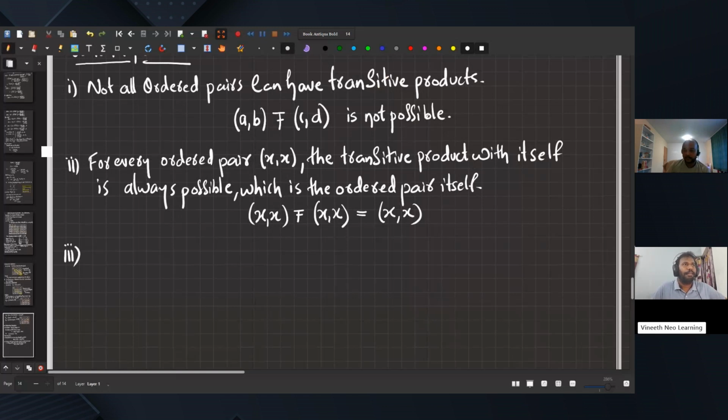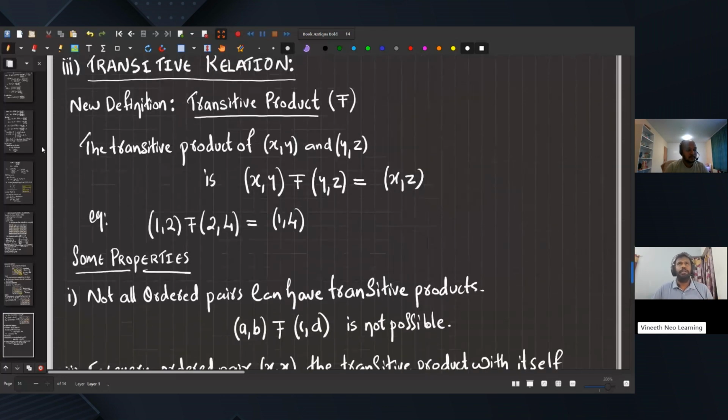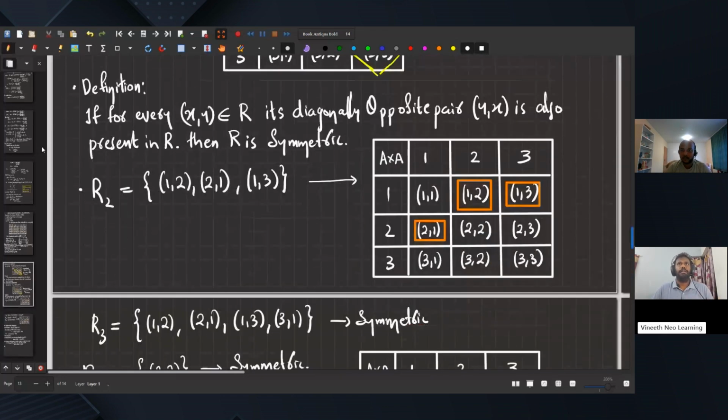Now, let's look at a Cartesian product like this one.